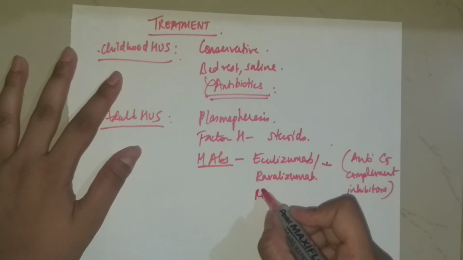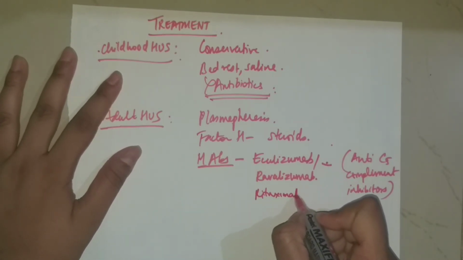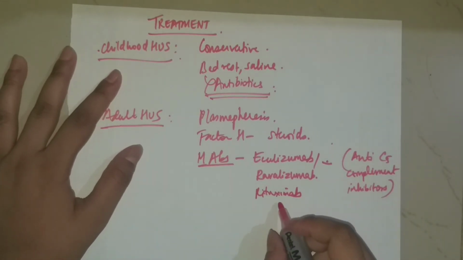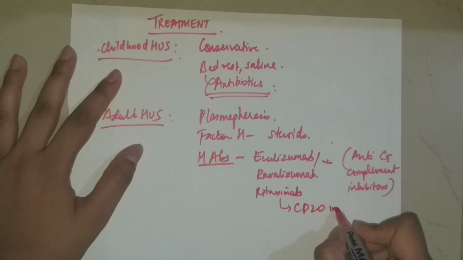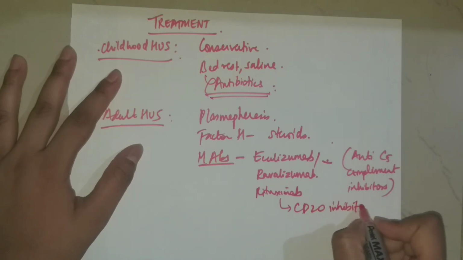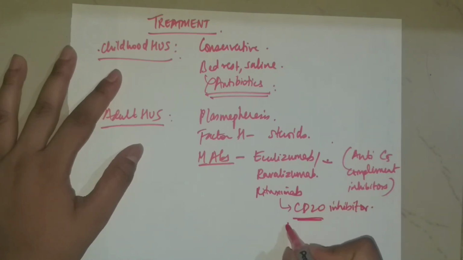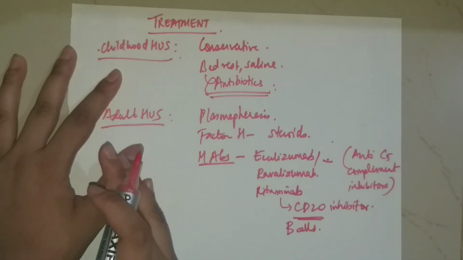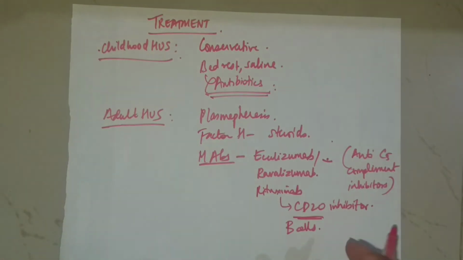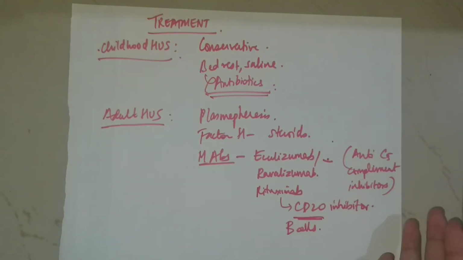Also rituximab, in cases where there are autoantibodies produced. This is a CD20 inhibitor. CD20 is present on B cells, not on plasma cells. B cells are present before any infection.